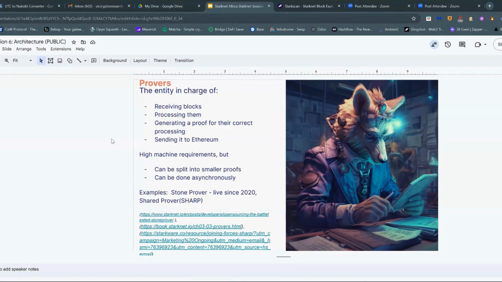So Starknet uses a proof system which is called the zero knowledge stack, which I'm sure most of you have heard about, to verify the correctness of transactions. And it's able to do this without disclosing any confidential information, thereby improving privacy and security.